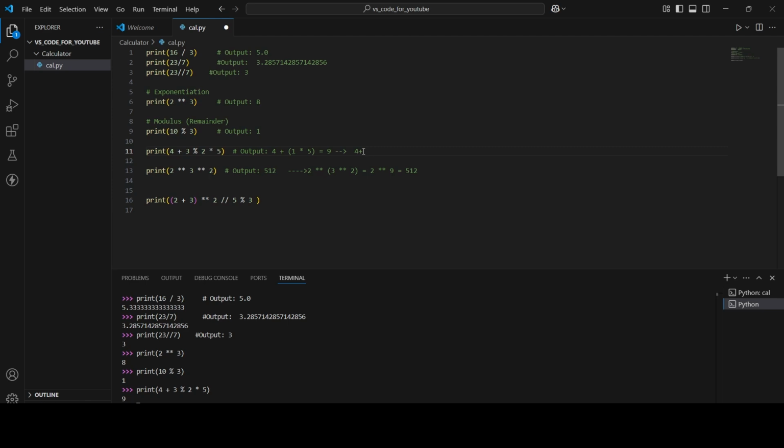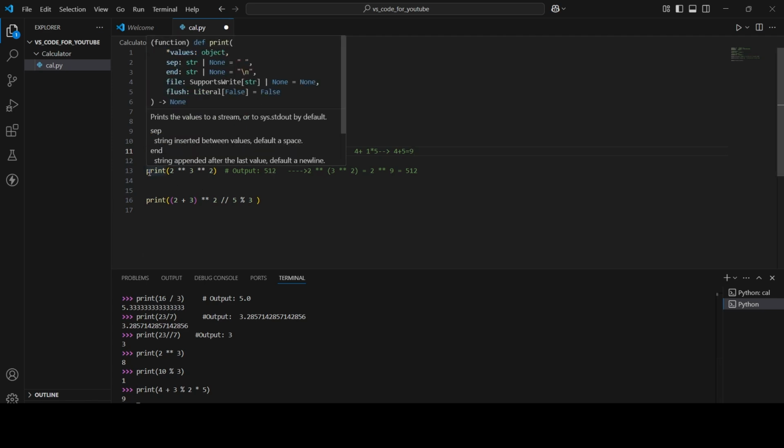So 3 modulus 2 is 1, and the multiplication symbol will be as it is, followed by 5. Clear? And next what we have is 4 plus, and among addition and multiplication, multiplication is given the most priority. So 1 multiplied by 5 is 5, and 4 plus 5 is 9. And here you are seeing the output is 9, which is as expected.